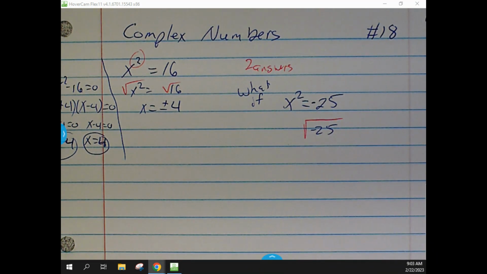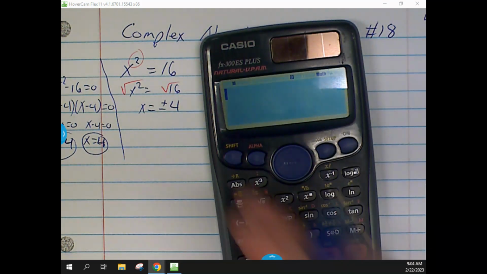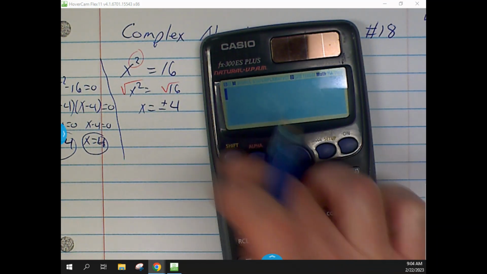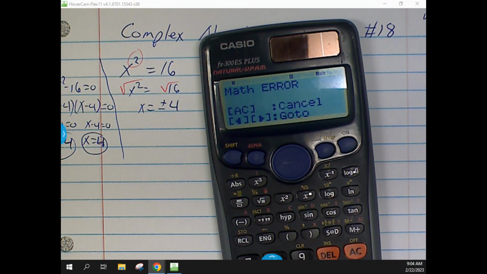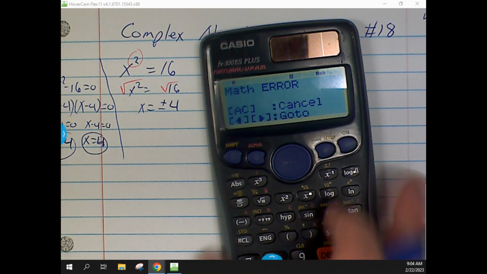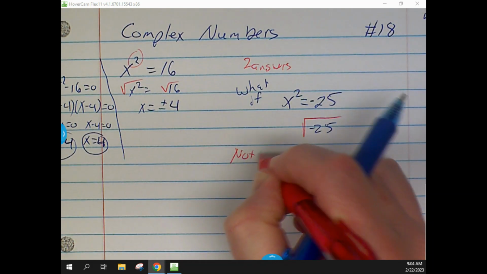What number times itself will give you a negative number? None, right? If you do negative times negative, it makes it positive. If you check it on your calculator, if you do the square root of negative 25, it will tell you that's a math error. It doesn't really work. It's got to be a positive number for that to work. So it's not real. It's not possible. So it's not a real answer.